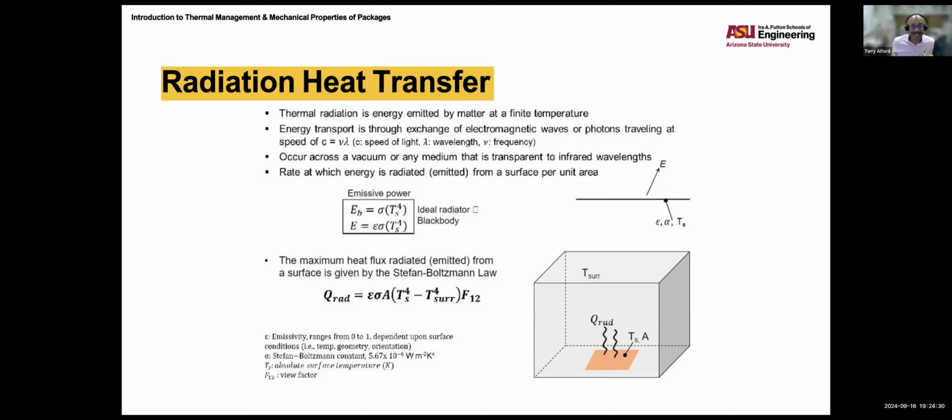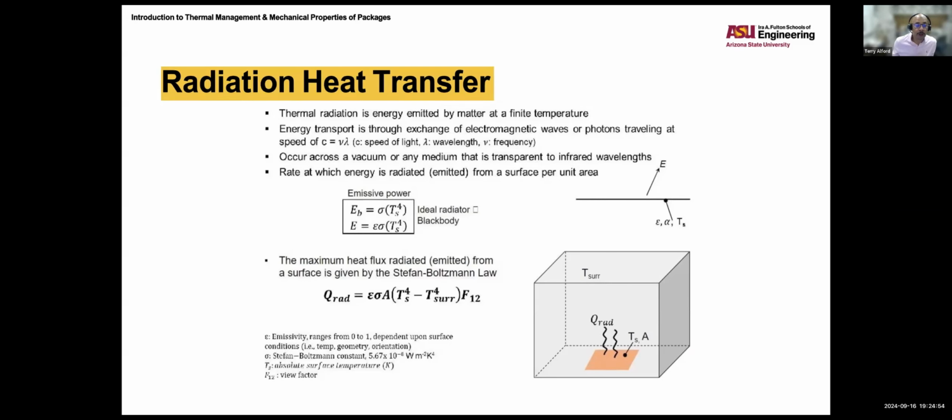So typically they work best, or are most effective, in, I would say, a vacuum, but any medium that's transparent to the infrared, because remember the infrared is the warm fuzzy portion of the electromagnetic spectrum.